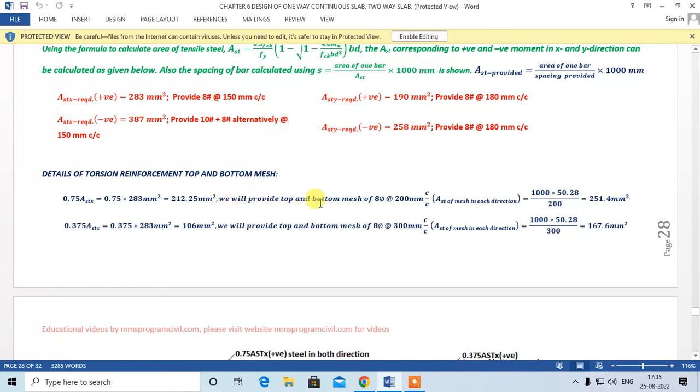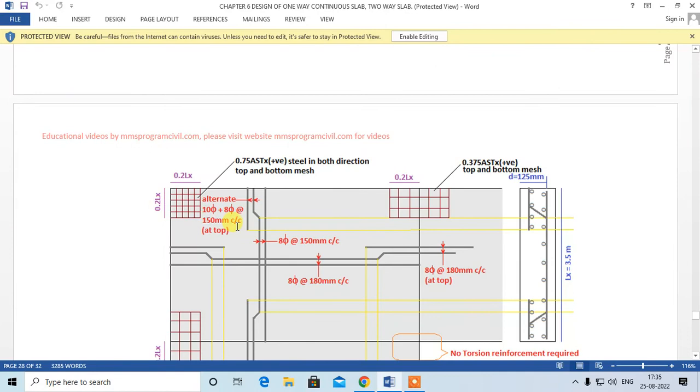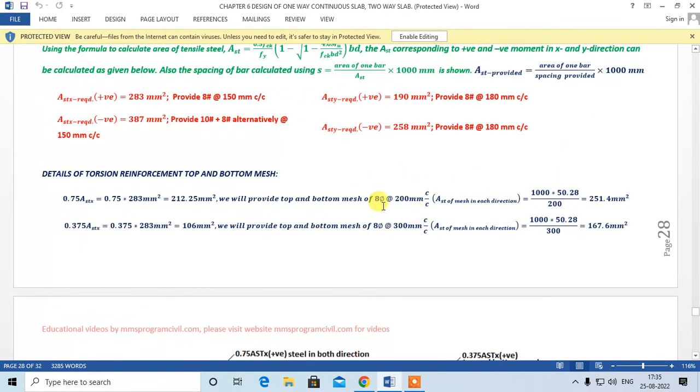We will be providing top and bottom mesh of 8 about 200 center to center. And so the AST provided in each direction in mesh will be 251.4 mm square, right? So at this corner we will be providing 8 about 200 center to center.